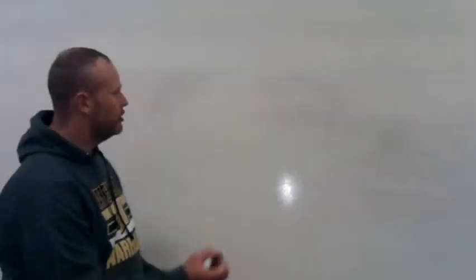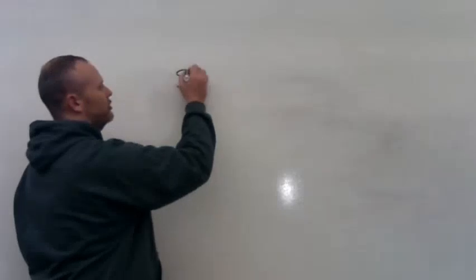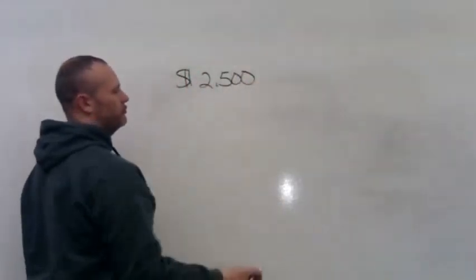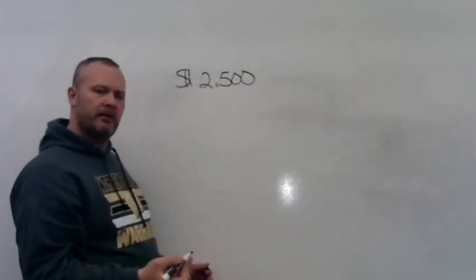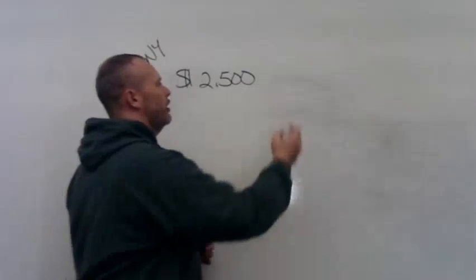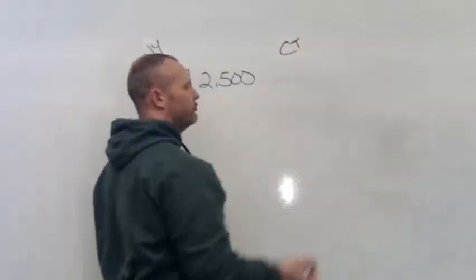In order to determine this problem, we have to remember that our TV costs $2,500. We're going to make two columns with this, one for New York and then one for Connecticut.